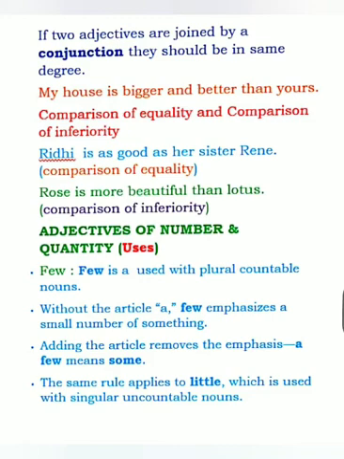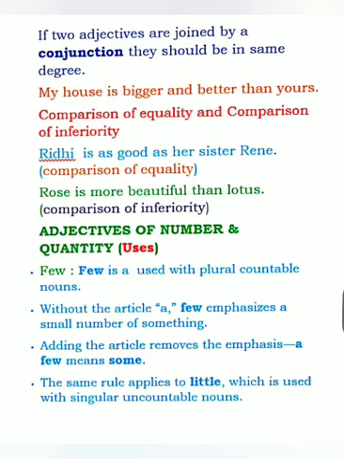Okay. Now comparison of equality and comparison of inferiority. Now what are these? Okay. So comparison of equality means when we are comparing two persons or things and emphasize the similarity. Like for example, Riddhi is as good as her sister Renee.